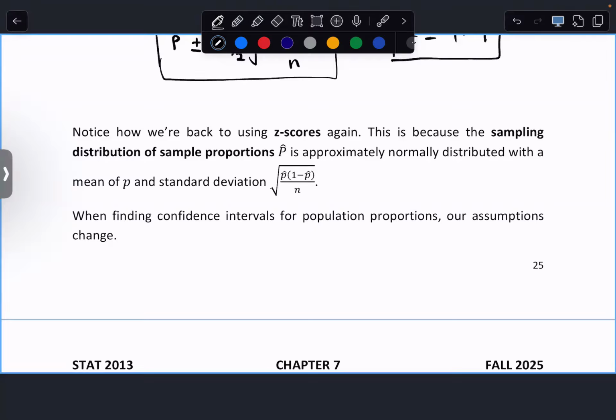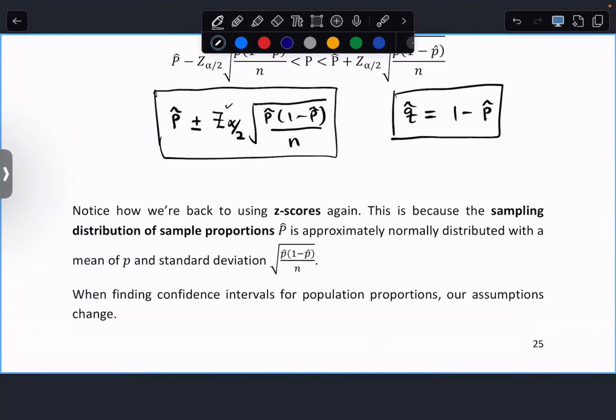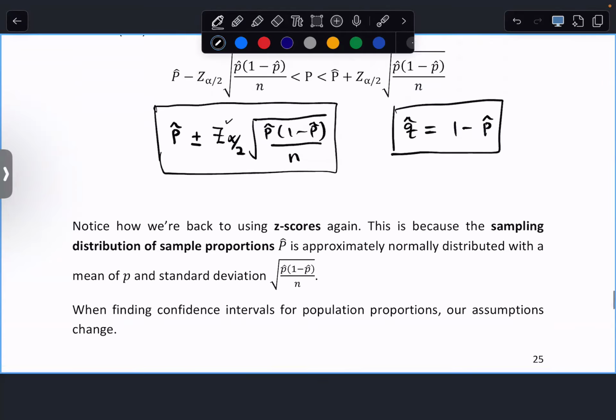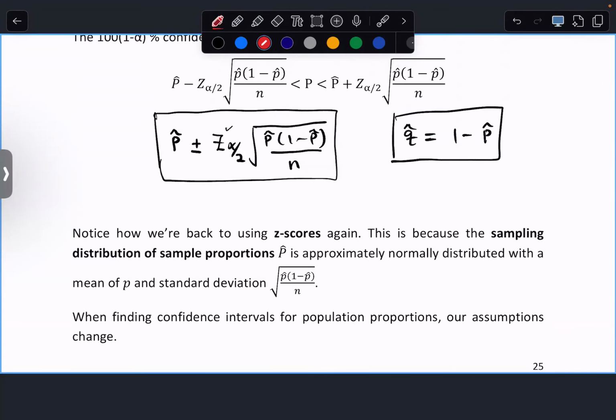So p hat here, which is the proportion, is approximately normally distributed with mean p and standard deviation given by this. So this is always our standard deviation. Now, you can tell me what this is. What is this one? We saw this when we were doing the population mean. This is the margin of error.